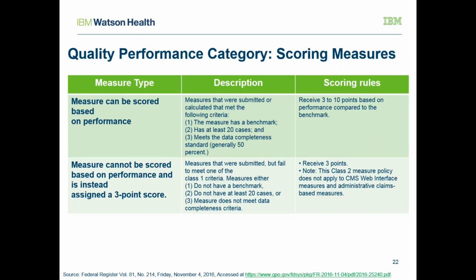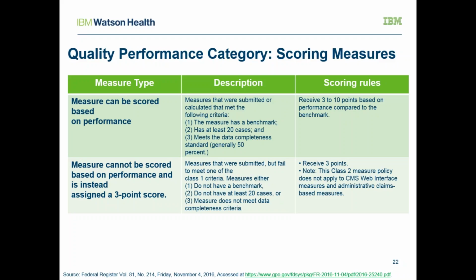So for instance, as you can see here, the quality performance category scoring measures. If you meet that specific description, you can receive between 3 to 10 points if you meet those criteria. But it's possible that you don't have a benchmark for that particular measure.